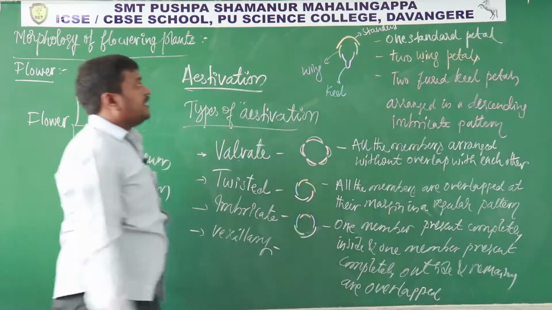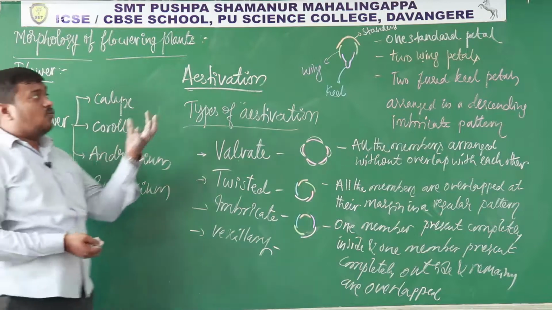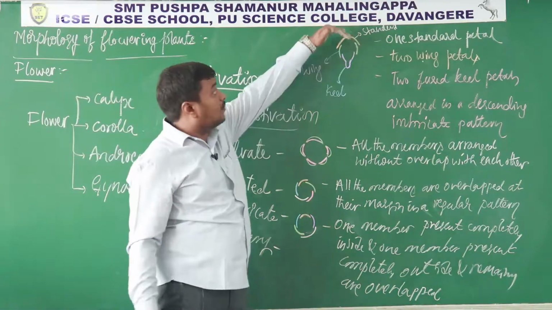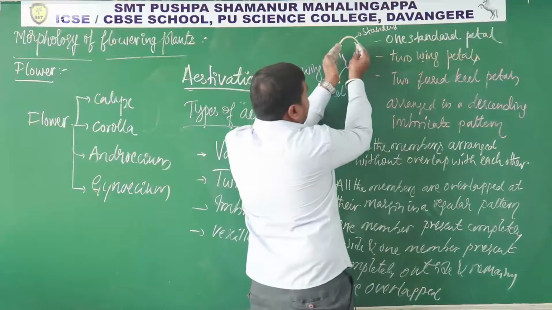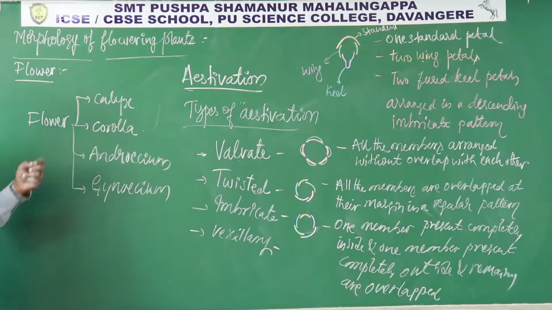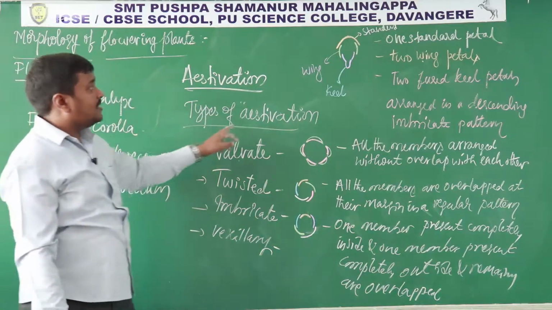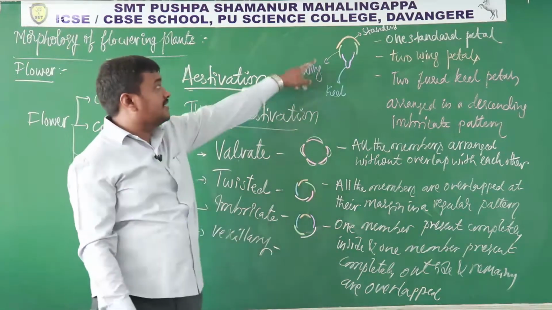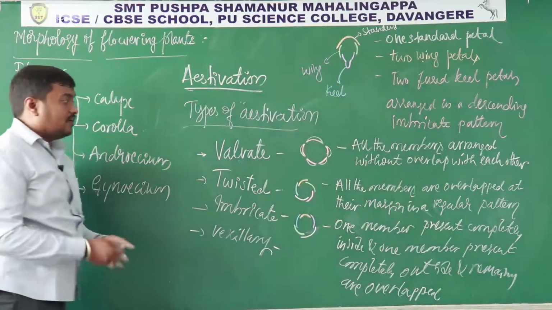One petal is present completely outside, two are present like this, and two are fused to form a keel or boat-shaped structure. This type of arrangement is called vexillary. That is vexillary estivation.